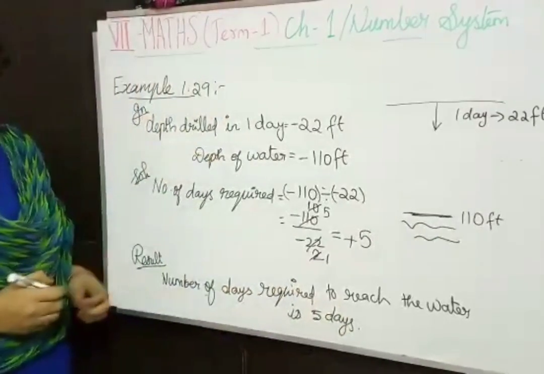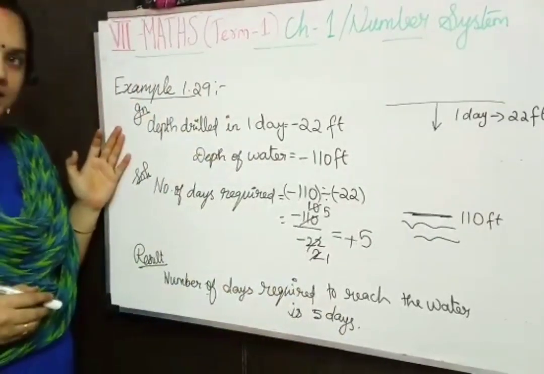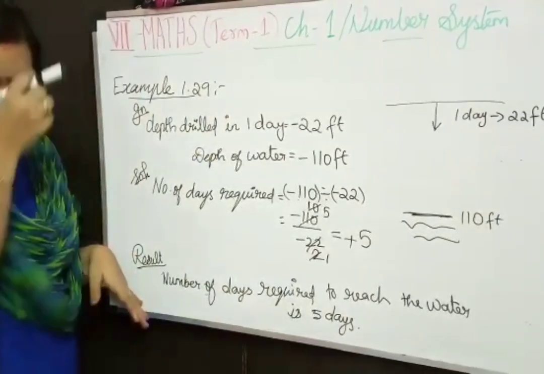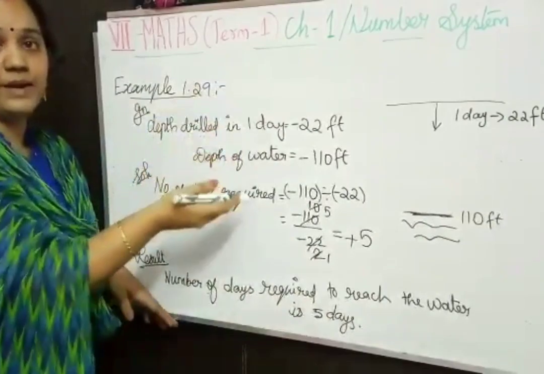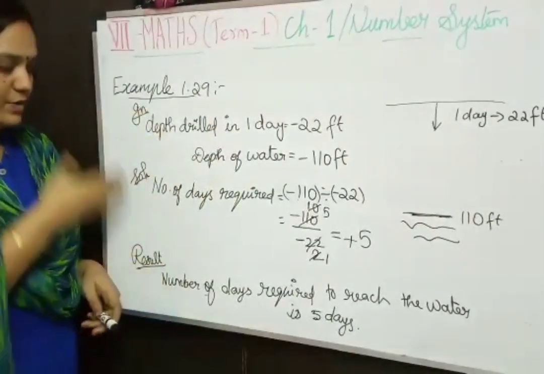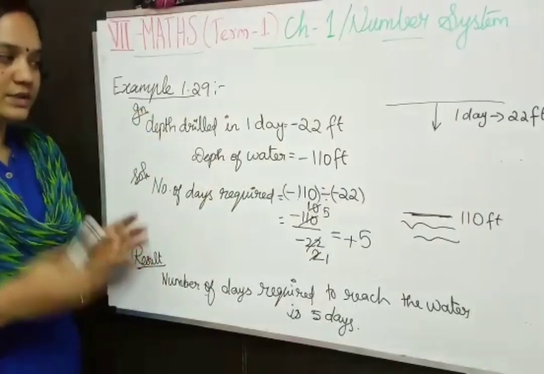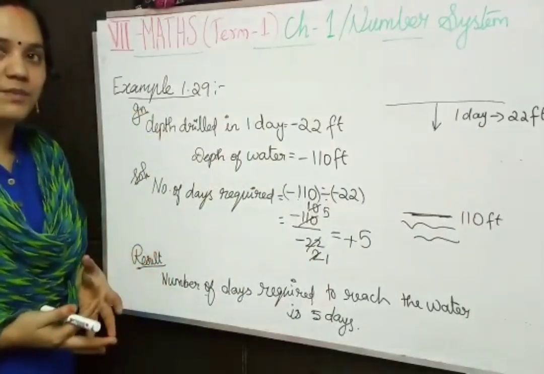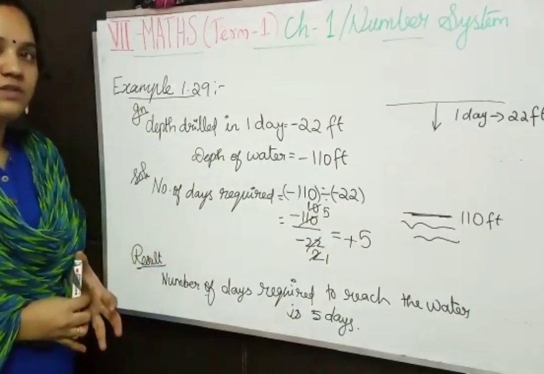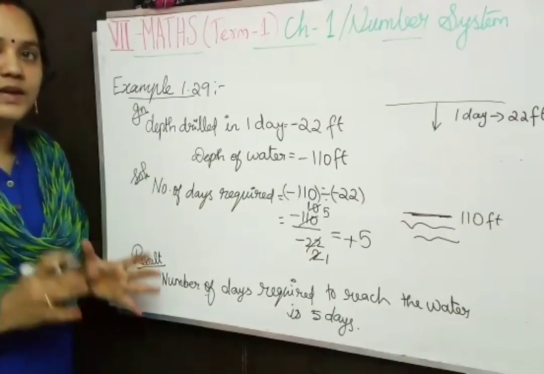This is the answer. So we have to follow the steps: write the given first, then the solution, and then the result, step by step. You have to follow this type of procedure for statement problems. If you write the answer directly without the statement, they will not give full marks. So you have to follow all the required steps.